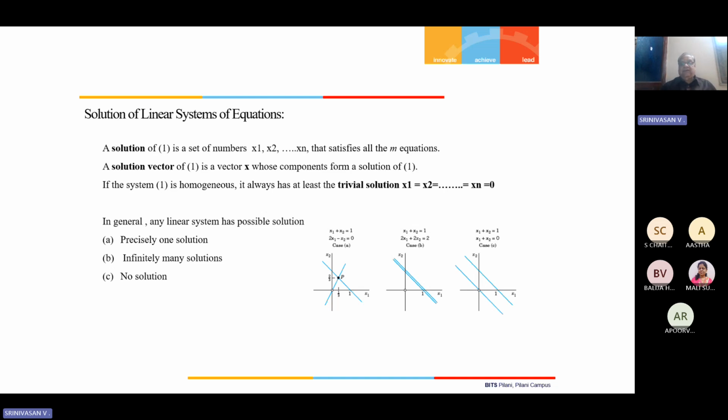When you take the second one, you have x1 plus x2 equal to 1 and 2x1 plus 2x2 equal to 2. The second equation is nothing but 2 times x1 plus x2 equal to 1. They are one and the same except for the multiple 2, so you have coincident parallel lines. When an equation and another equation is just a multiple of the previous one, you only have lines of the same direction.